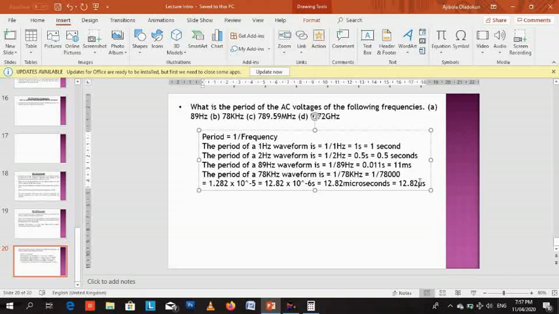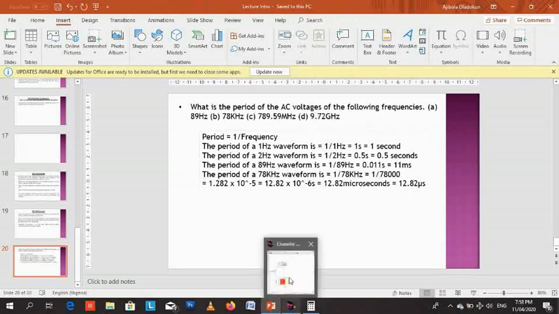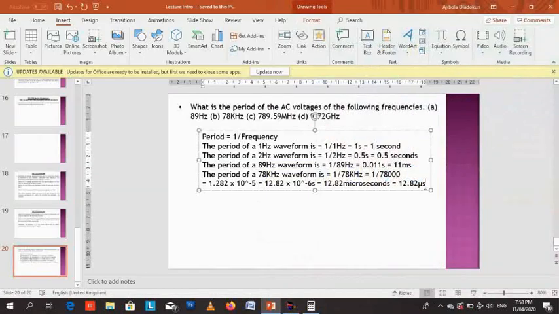It needs just 12.82 microseconds to form one complete cycle. That complete cycle rises from 0 volts to a maximum, V peak, then returns back to 0, goes to minus V peak and returns back to 0. It does that in just 12.82 microseconds. That's short.